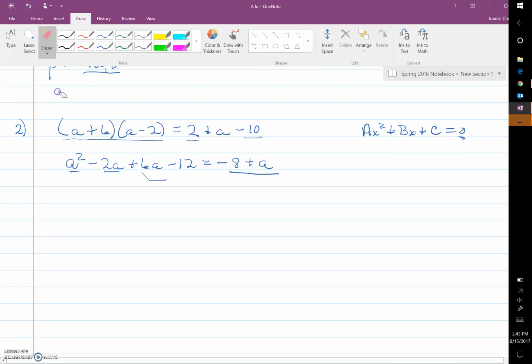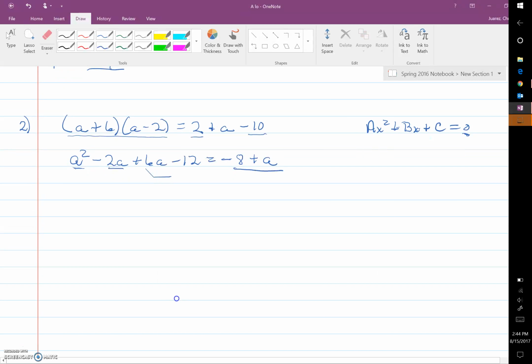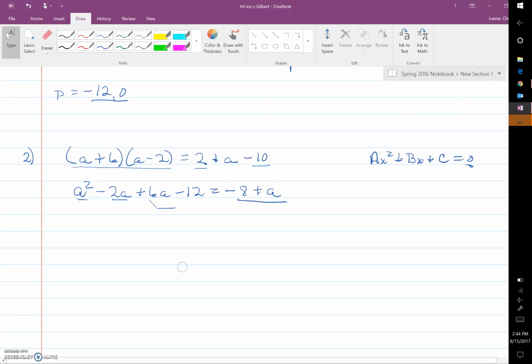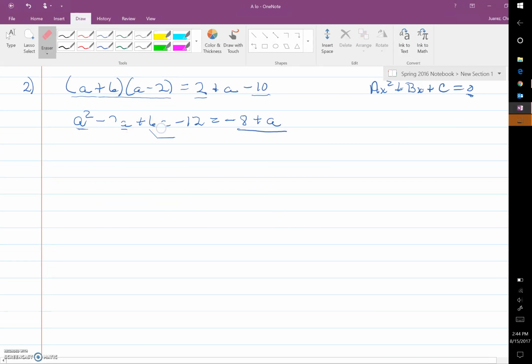Okay, let's just do a big eraser. There we go. Just isn't wanting to work for me now. All right, well, forget that. Now it works.